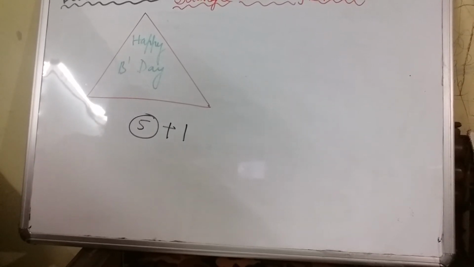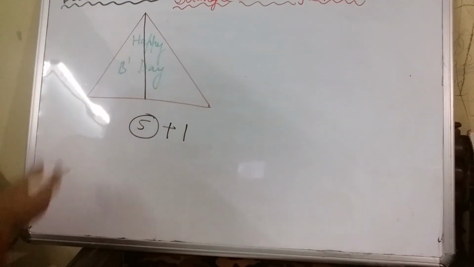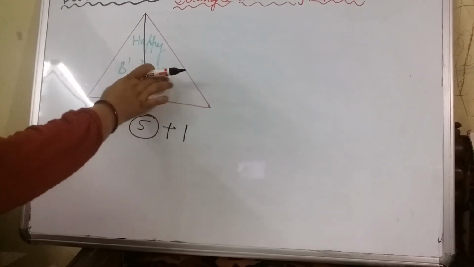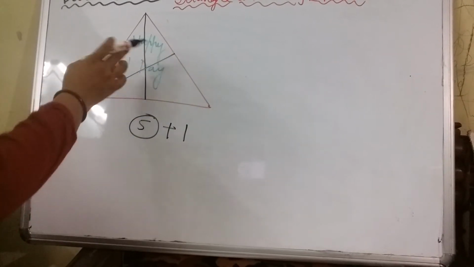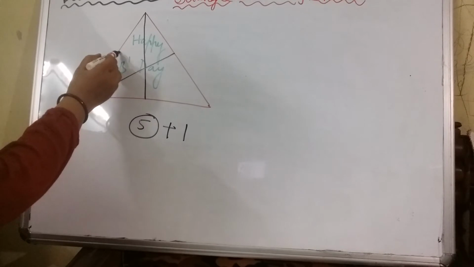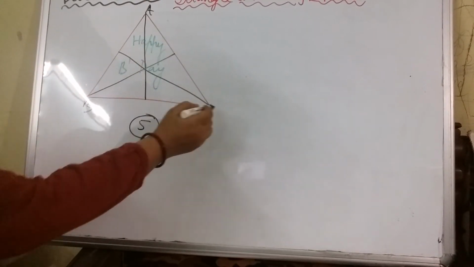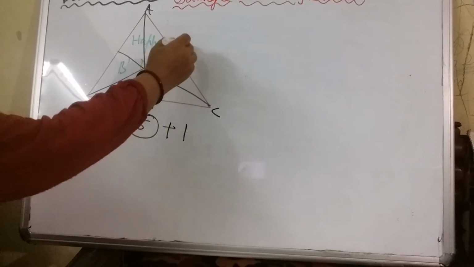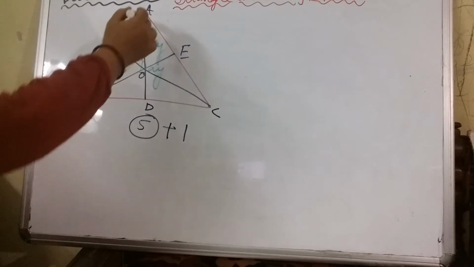How will you divide? First, if I do this, it is 2, then 4. Say A, B, C, E, F and this.